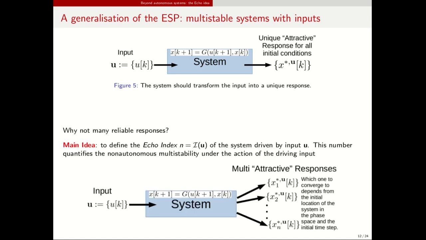The main idea is to define an echo index for the system driven by a given input sequence U, and this number will quantify the degree of non-autonomous multistability under the action of that particular driving input.